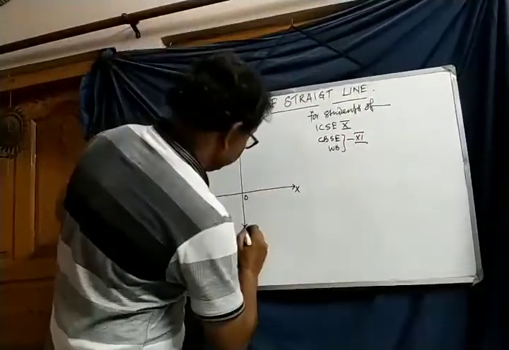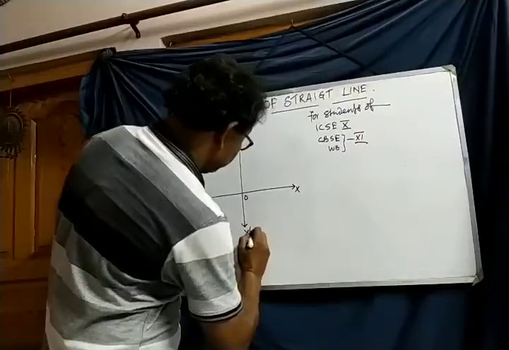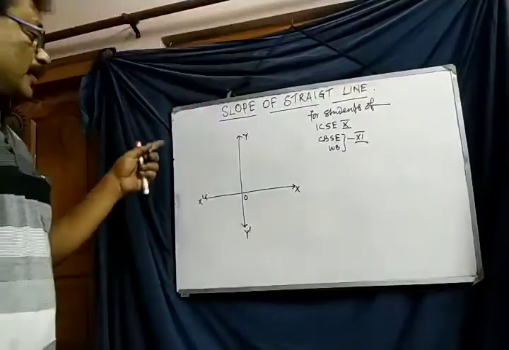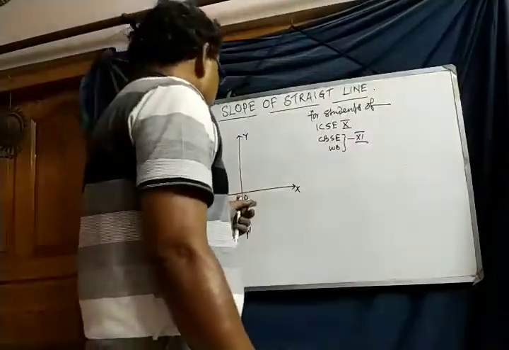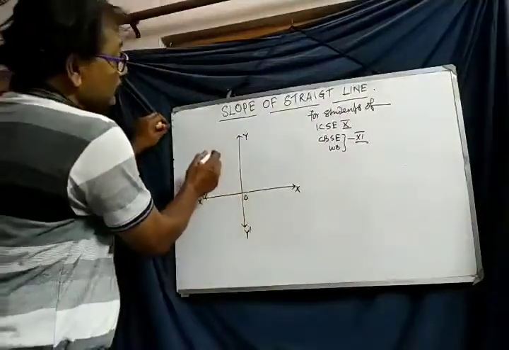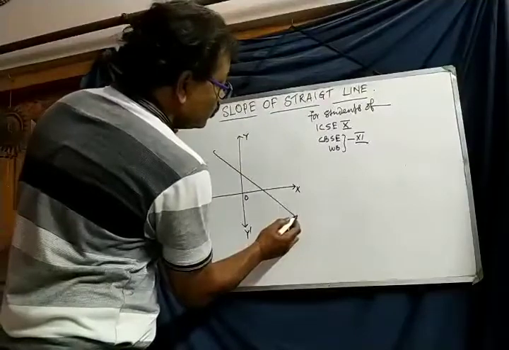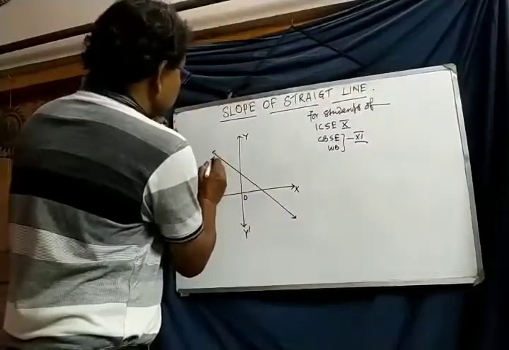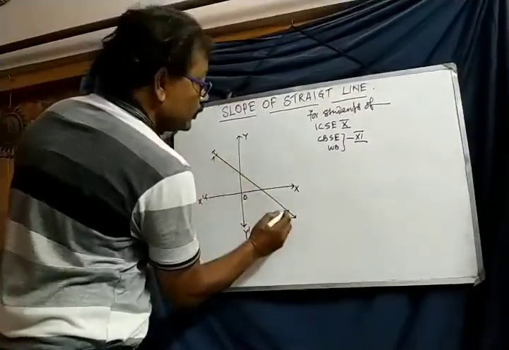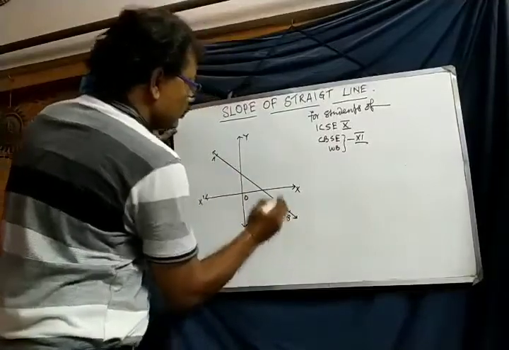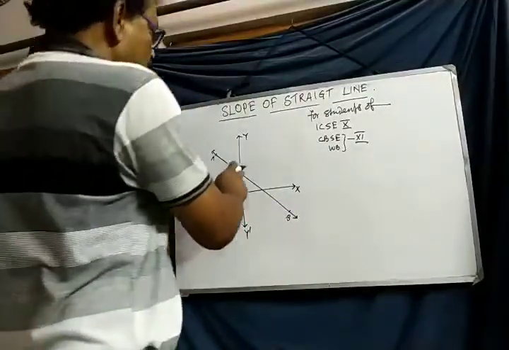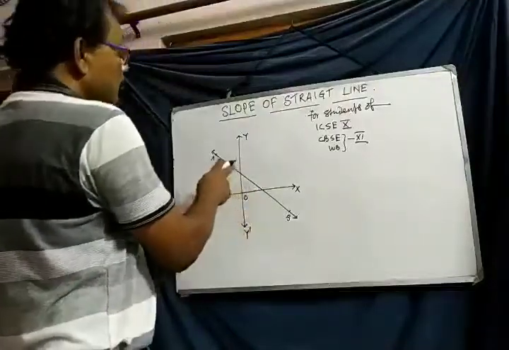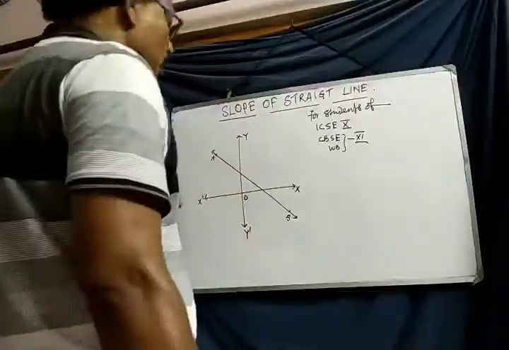Y dash. This is a Cartesian system of axes. There is a straight line AB which intersects the x and y axis both at two different points.